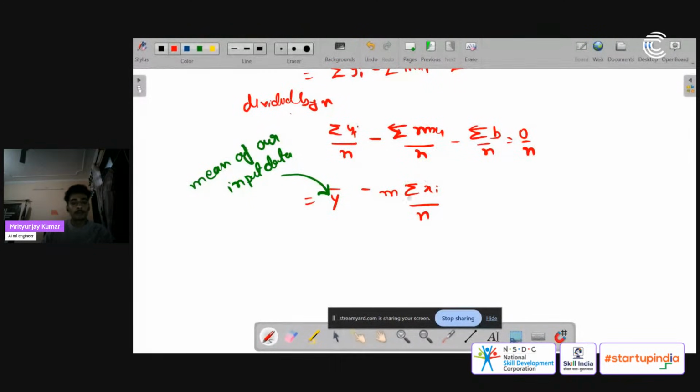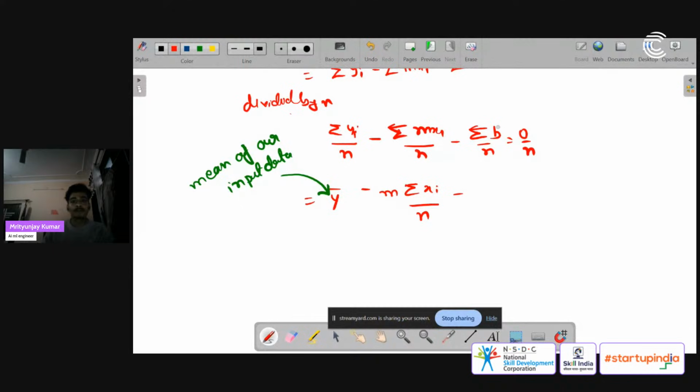This is also the mean value of the input data. Input data means the data we have provided by the CSV file or anything.